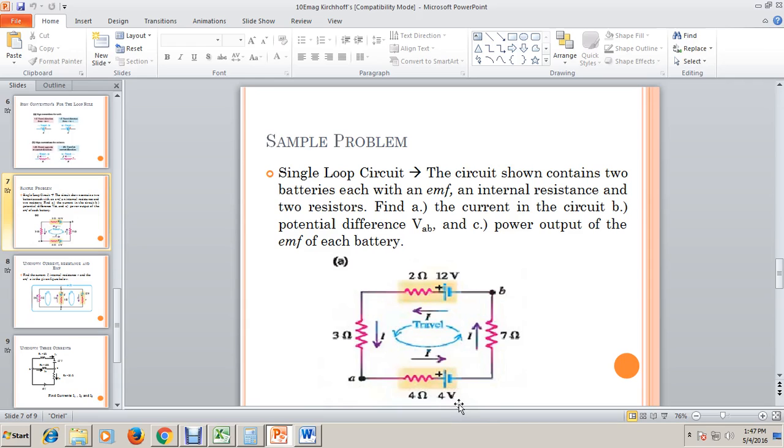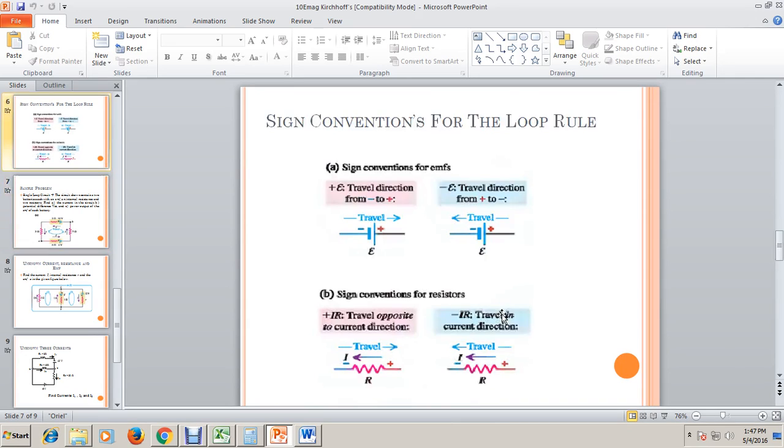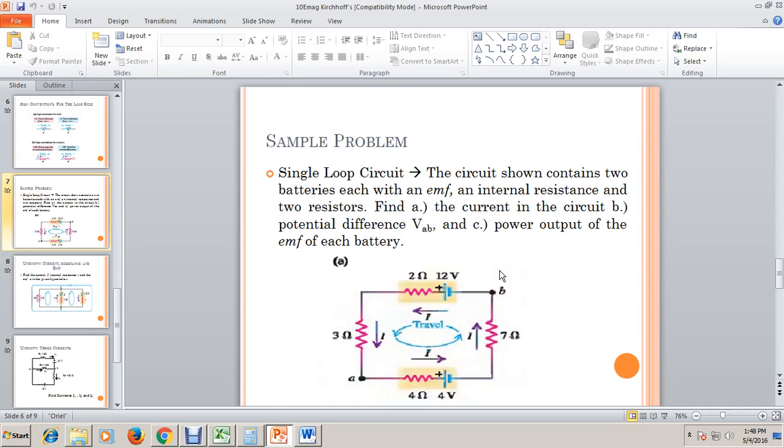Next would be the 4 volt EMF source or the battery. Again, this is the power source, so we consider the sign convention for power sources. The sign would be assigned as the sign of the leaving terminal. In our diagram, our direction of travel enters the positive terminal of the 4 volt battery, and the leaving terminal would be the negative terminal.